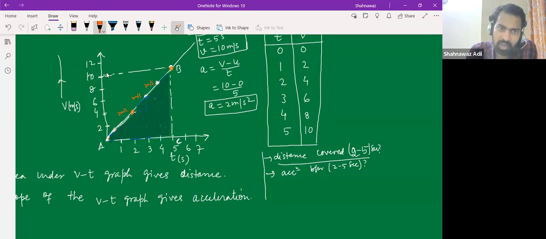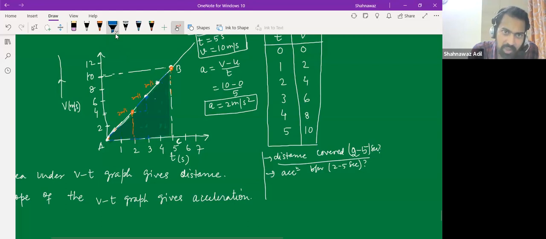Okay, so now let me do this and you guys check whether it is correct. So we are calculating the distance covered from 2 to 5 seconds. So 2 second is this and 5 second is this.